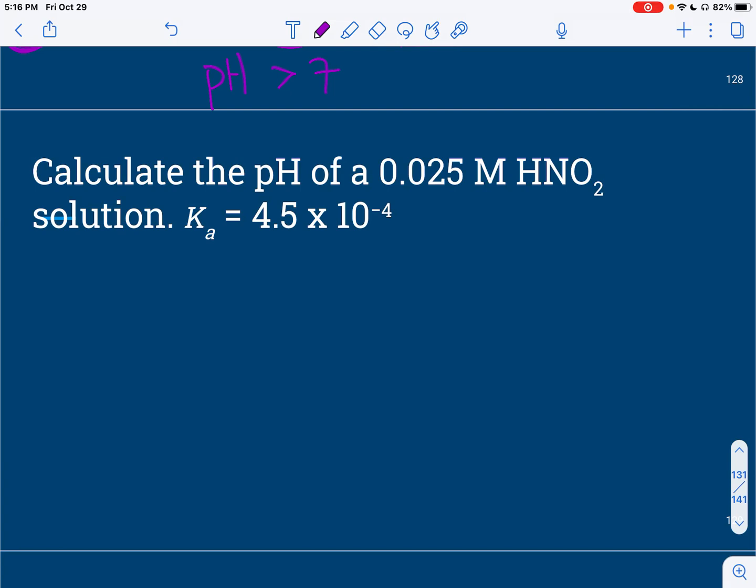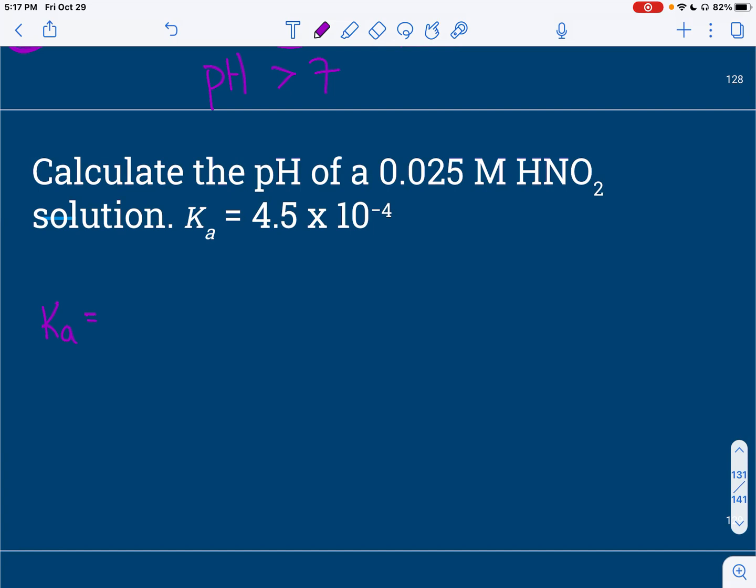All right, so let's go to some other types. Calculate the pH of a 0.025 molar nitrous acid solution. These are just some other types of questions. So here, this is an x squared problem.